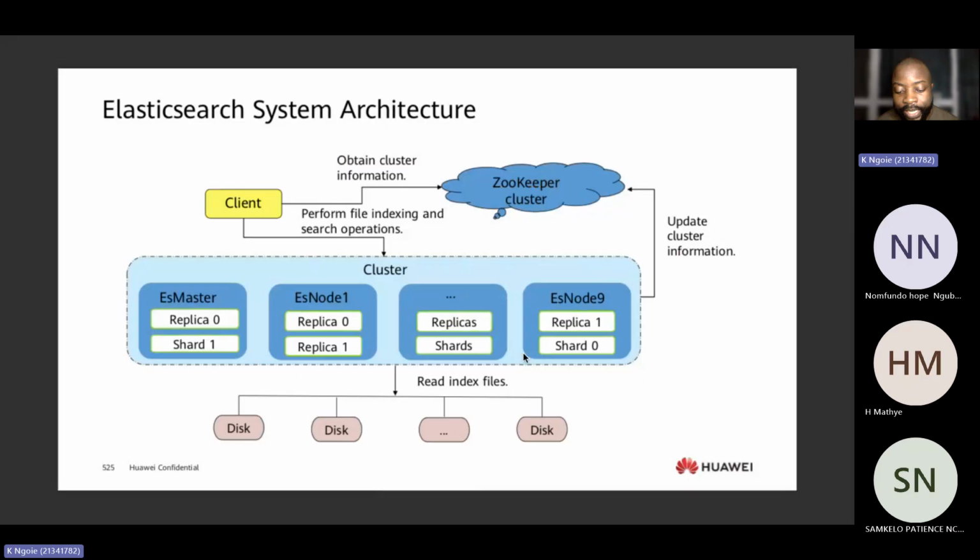You need to understand in the architecture, let's say you're trying to perform a search. We search for certain data, and Elasticsearch will search through all our nodes and clusters for the data you're looking for, and then it updates the cluster information.